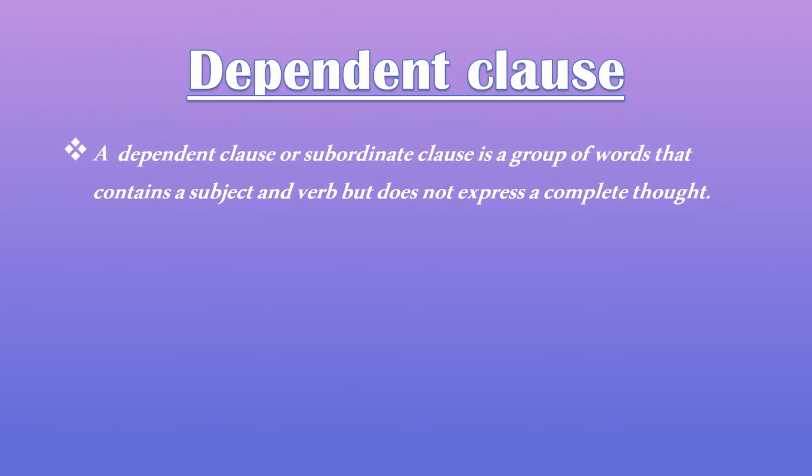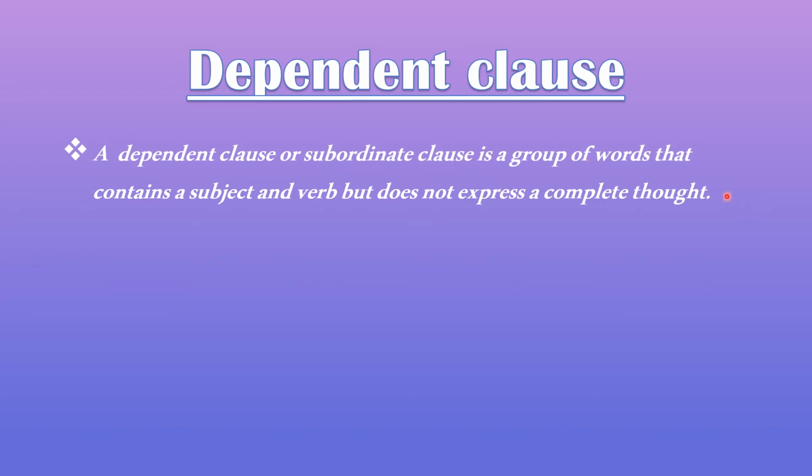A dependent clause, or a subordinate clause, is a group of words that contains a subject and a verb but does not express a complete thought. That means there are two types of clauses, and one is the dependent clause, also known as the subordinate clause.